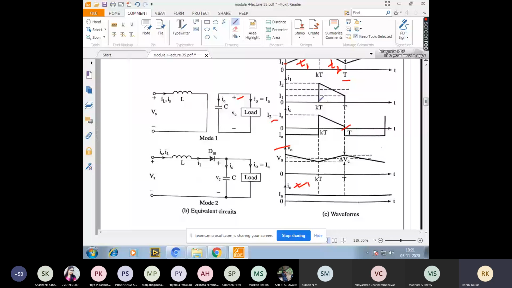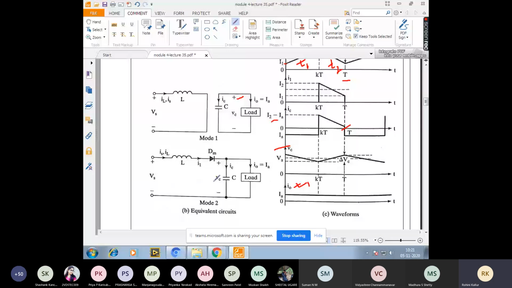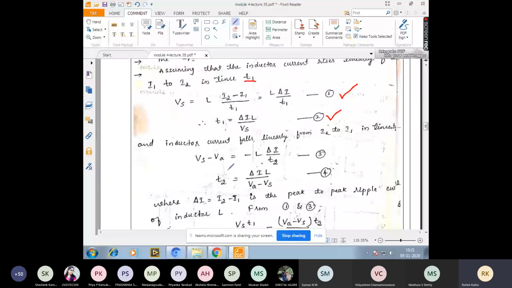So Vs minus Va is equal to minus L into I2 minus I1 divided by T2. We can write this as Vs minus Va equals minus L into delta I, which is I2 minus I1, whole divided by T2, and we'll call this equation number 3.